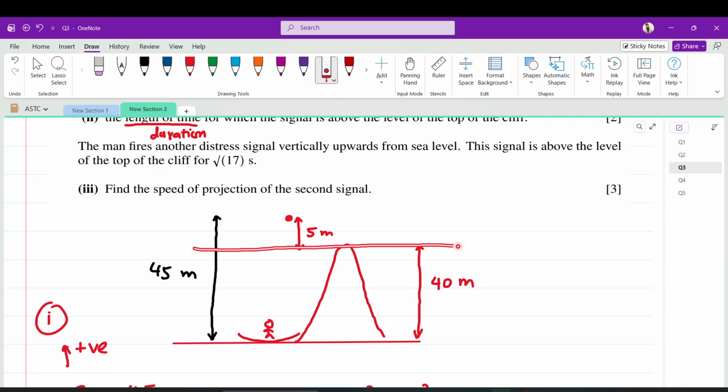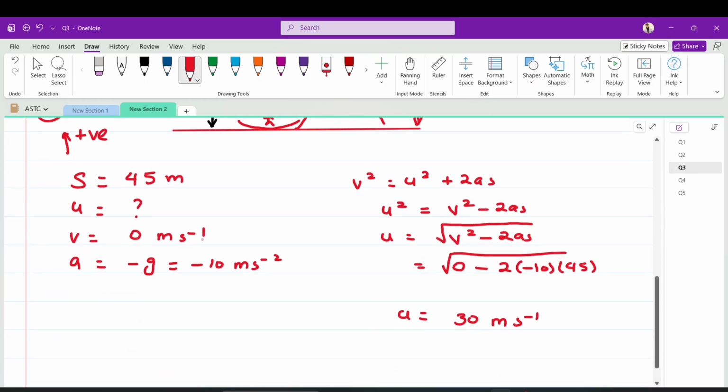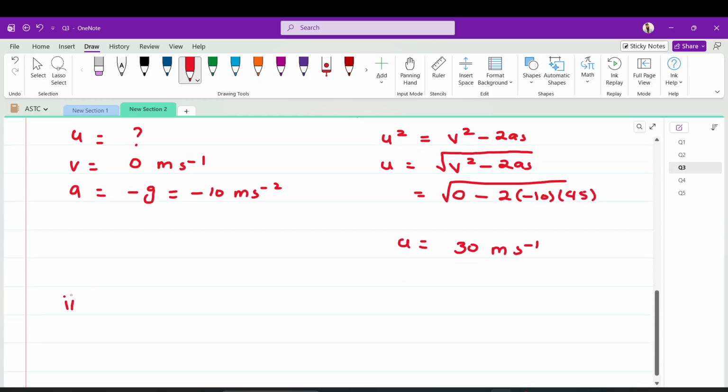That means the displacement is going to be 40, because the distress signal, just like the ball in the previous example, will go up, stop momentarily, then come back down. So we need to find the duration for which it has been above the cliff. So in the second part, the displacement is going to be 40 meters.